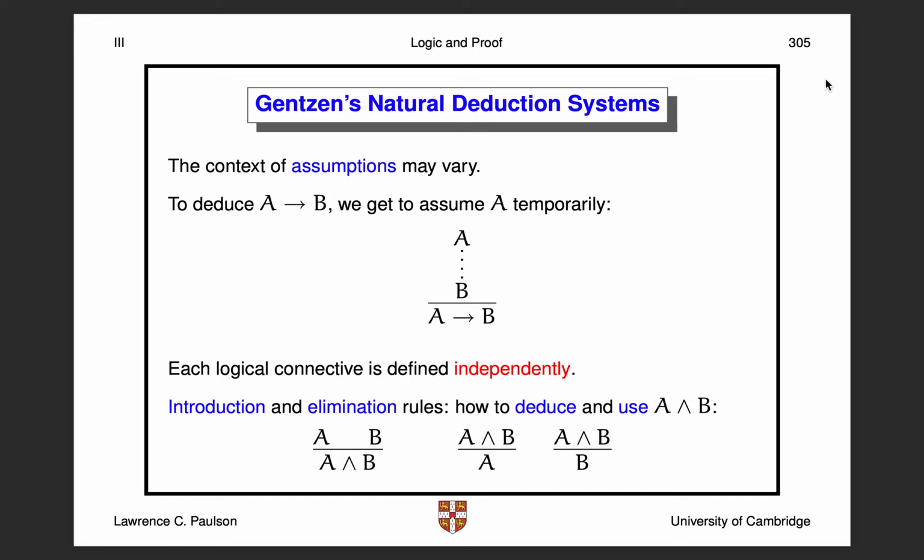With the Gentzen system, there are many types of Gentzen system, but one thing he emphasized was that each logical connective is defined independently of the others.